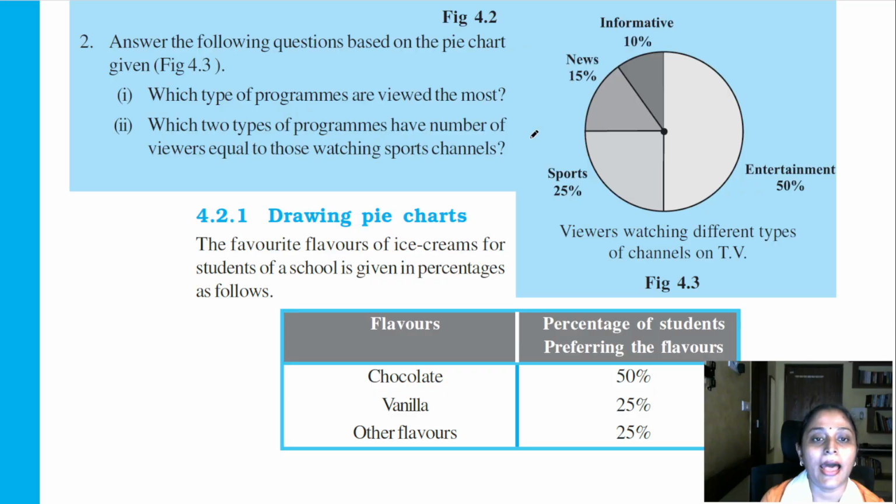Next I have answer the following questions based on the pie chart given in figure 4.3. Now what are they saying? Viewers watching different types of channels on TV. So you know that when you switch on the television, you have a lot of options. In fact, now they're actually given in categories.